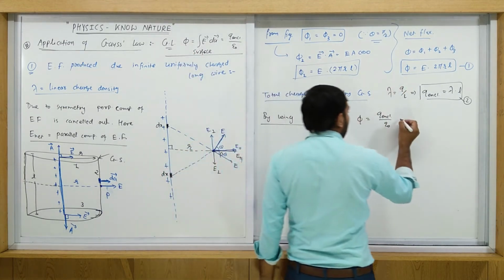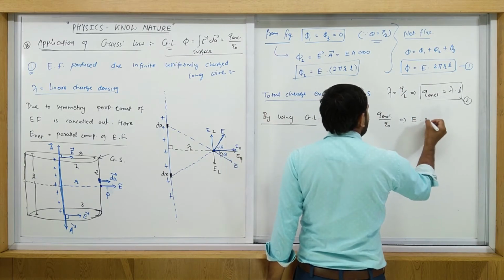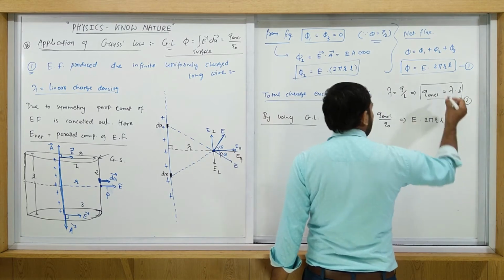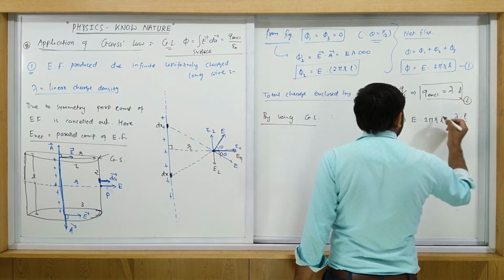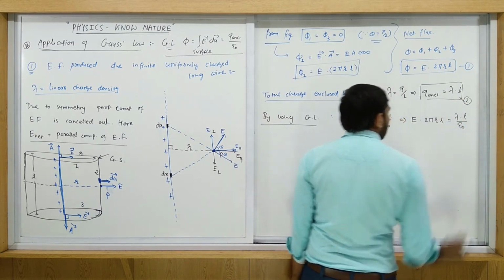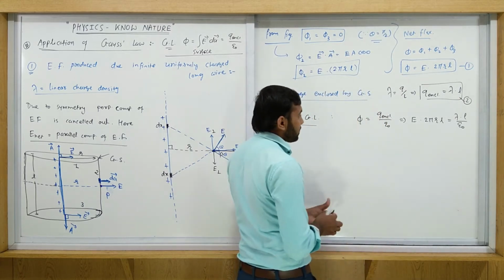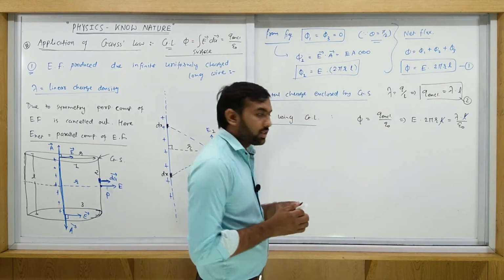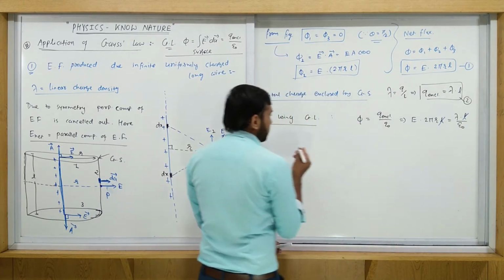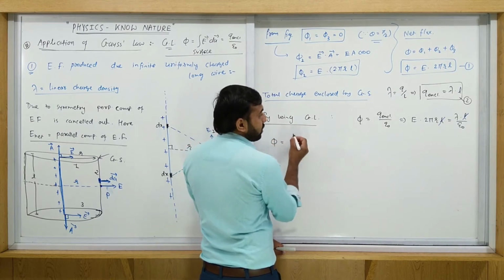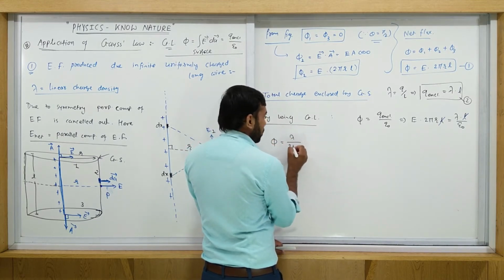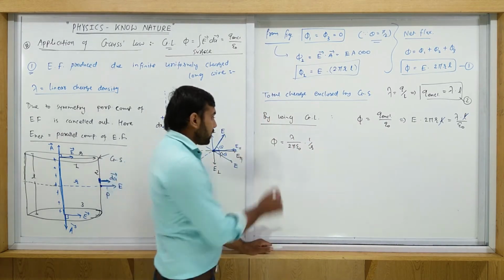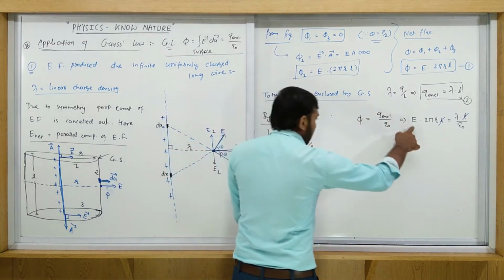Phi is E into 2 pi RL, and Q enclosed is lambda into L, upon epsilon naught. So L cancels out. The answer is E is equal to lambda upon 2 pi epsilon naught into 1 upon R. Sorry, that is E, my mistake.